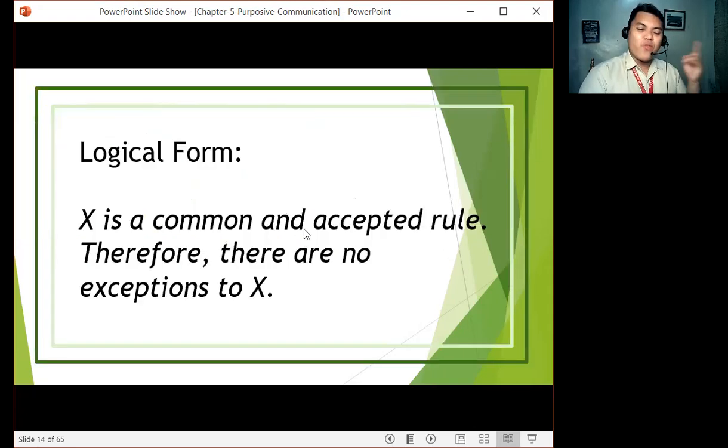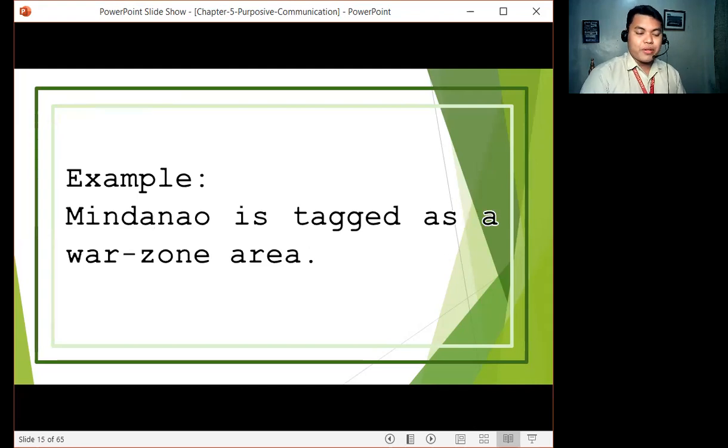So the logical form of it: X is a common and accepted rule. Therefore, there are no exceptions to X. That is the logical form of sweeping generalization. Another example: Mindanao is tagged as a war zone area. Take note, the subject in the sentence is Mindanao. So that is the general. It was mentioned that Mindanao is a war zone area.